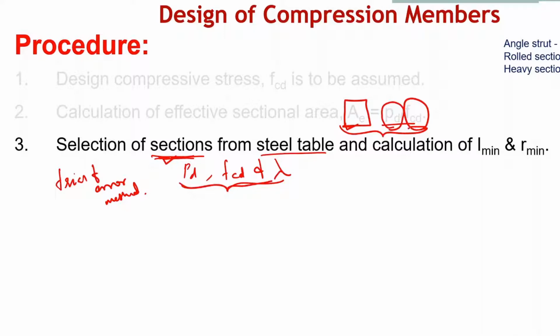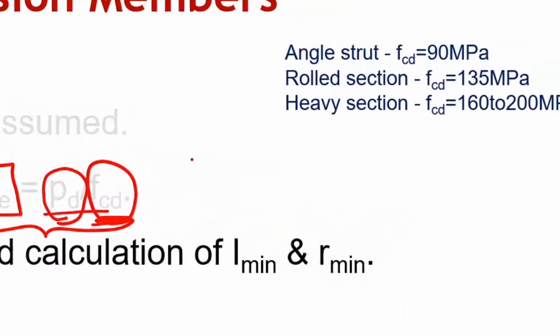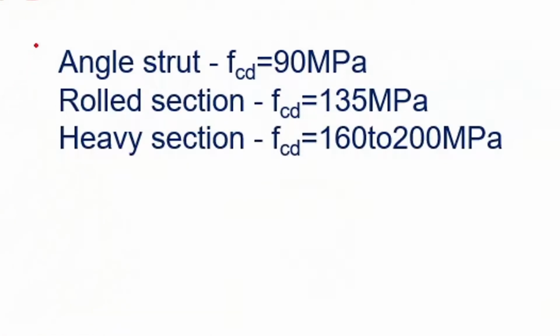When you are assuming a design compressive stress FCD, we have some thumb rules. For angle strut, we assume FCD in the range of 90 megapascal. It is not a hard and fast rule; in this range, we can assume. For a rolled section, FCD can be assumed as 135 megapascal.